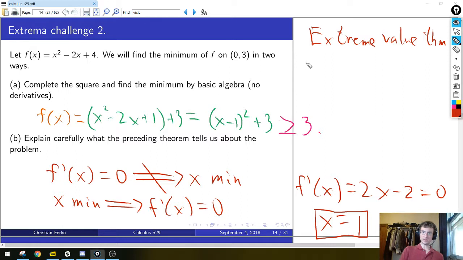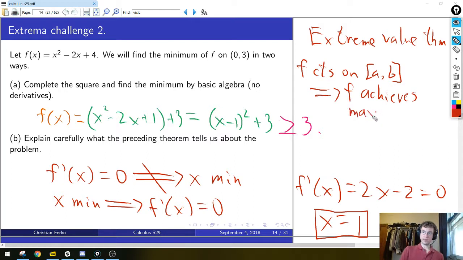Okay, the statement is if f is continuous on a closed interval AB, then f achieves, actually we prove both, f achieves its maximum and minimum on AB, right? We proved two things similar to this. We proved a boundedness theorem that showed that if f was continuous, it had an upper bound and a lower bound.